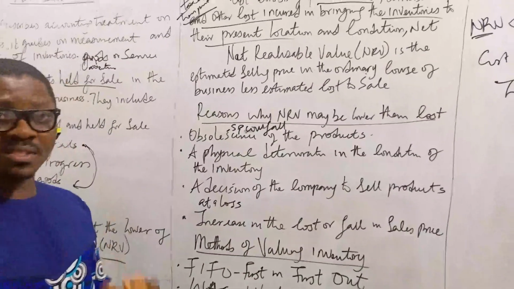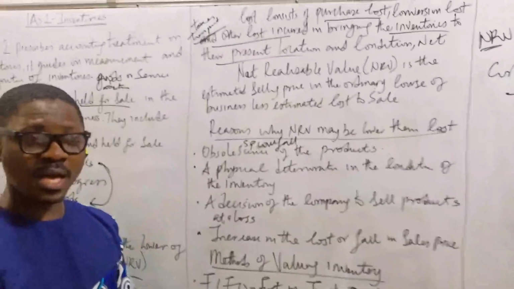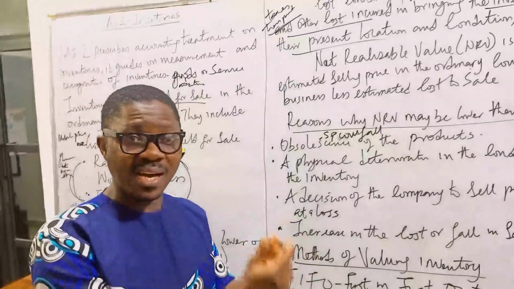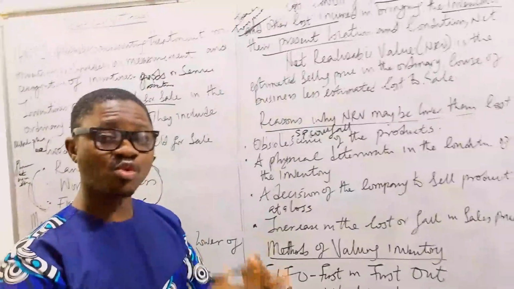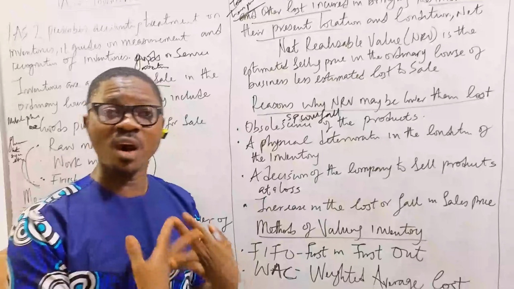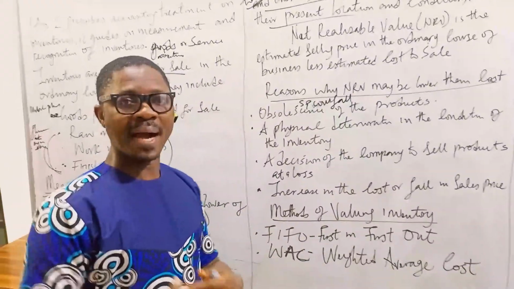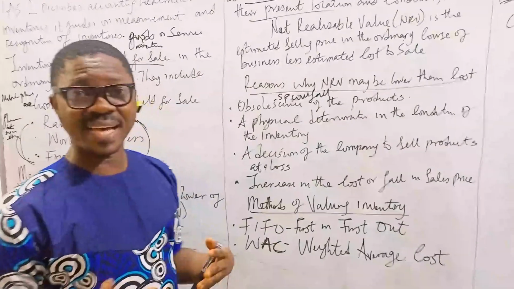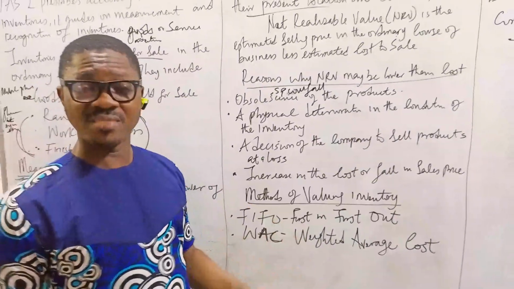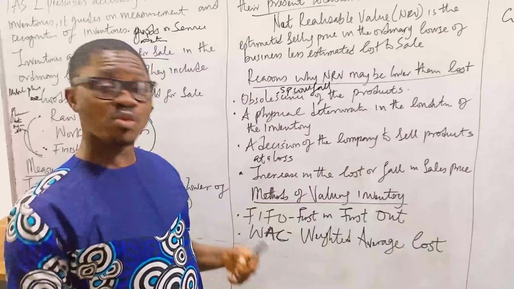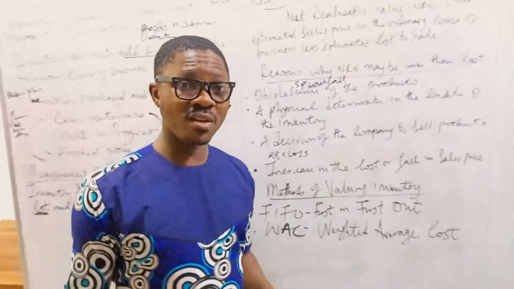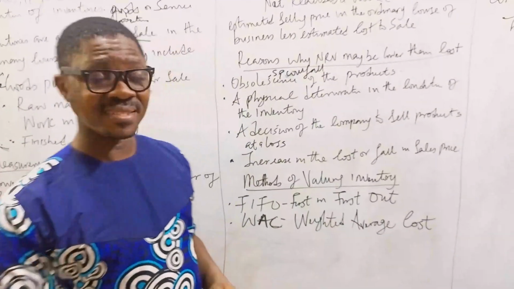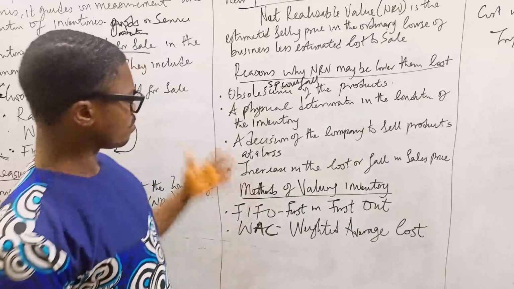So once the physical look of the inventory has deteriorated, it can also lead to a decrease in the selling price of the same article. And once the selling price has decreased, what happens to the net realizable value? The net realizable value will also fall. And once it falls, it may eventually lead to having it less than the cost.